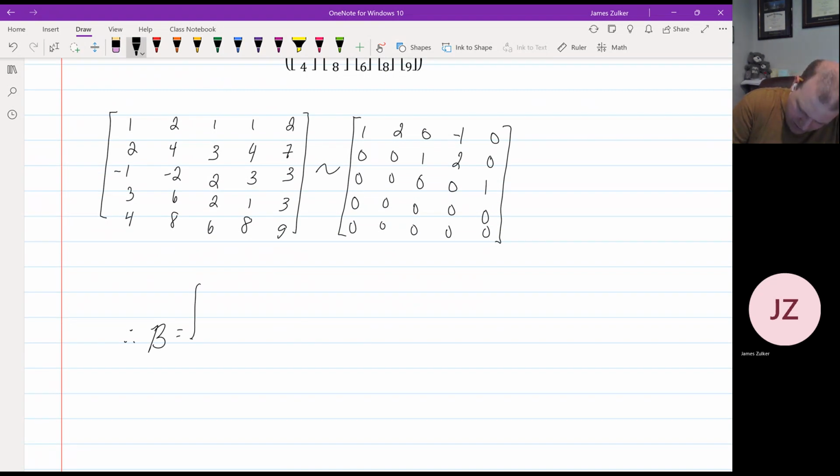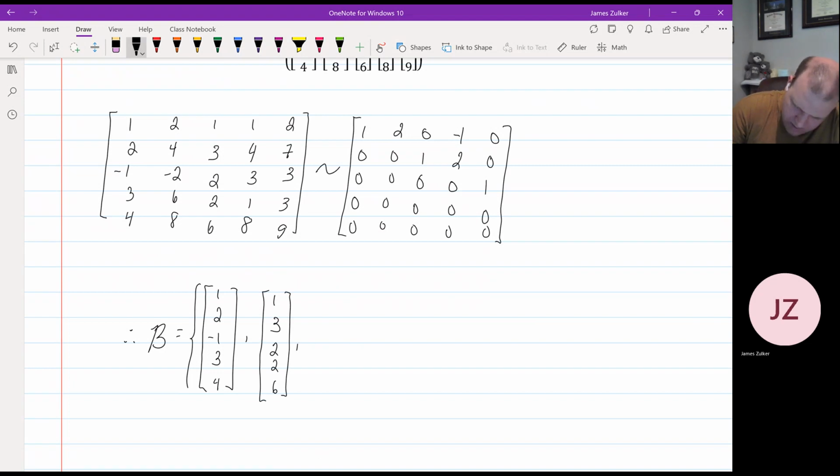Our basis is going to be the first vector, the third vector, and the fifth vector, right? Because those are the columns that have leading ones in the RREF.